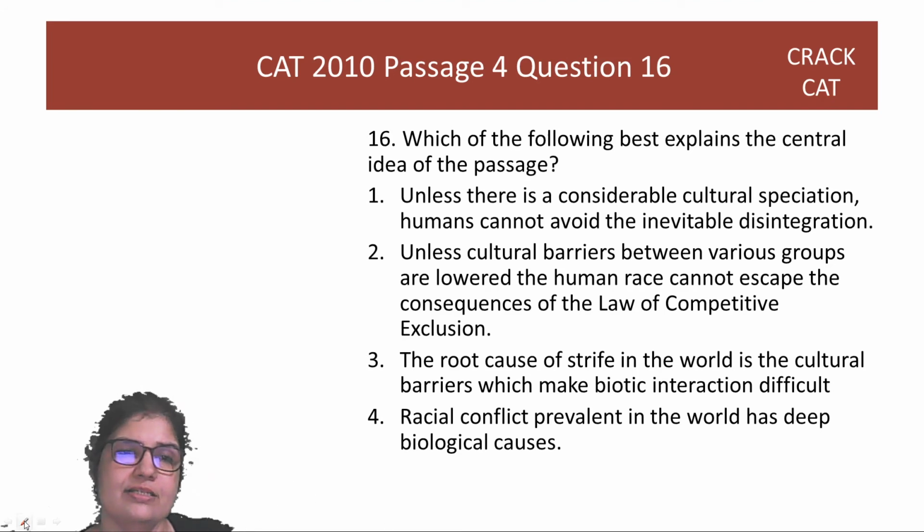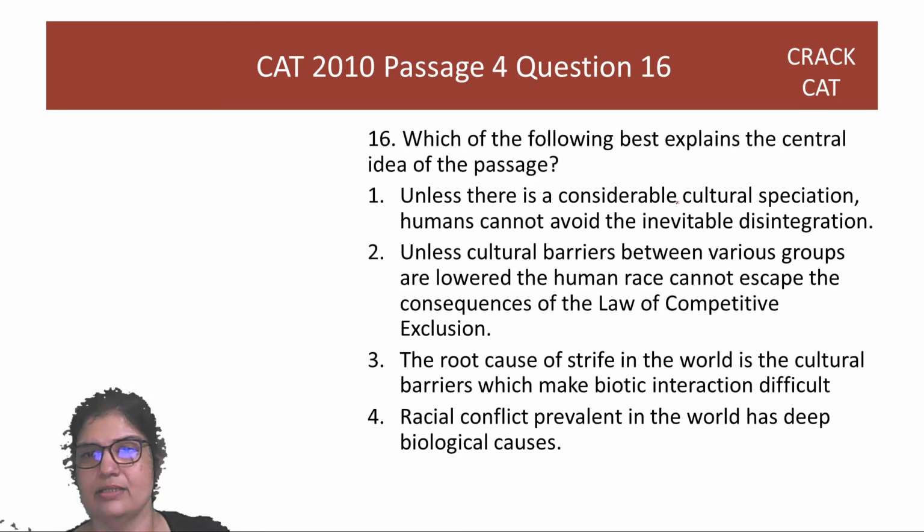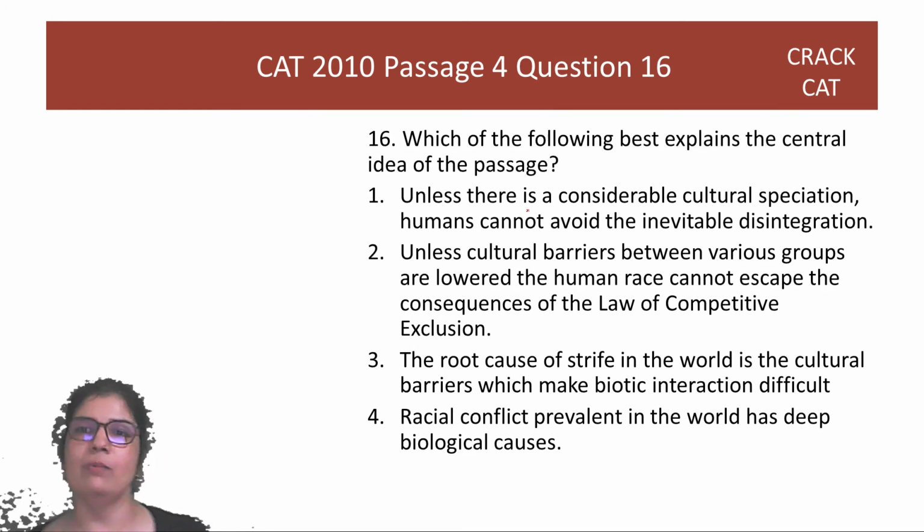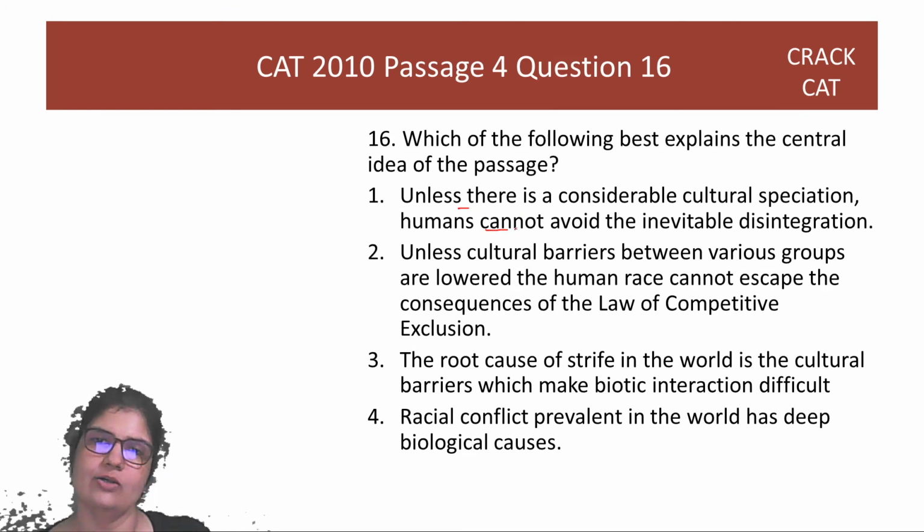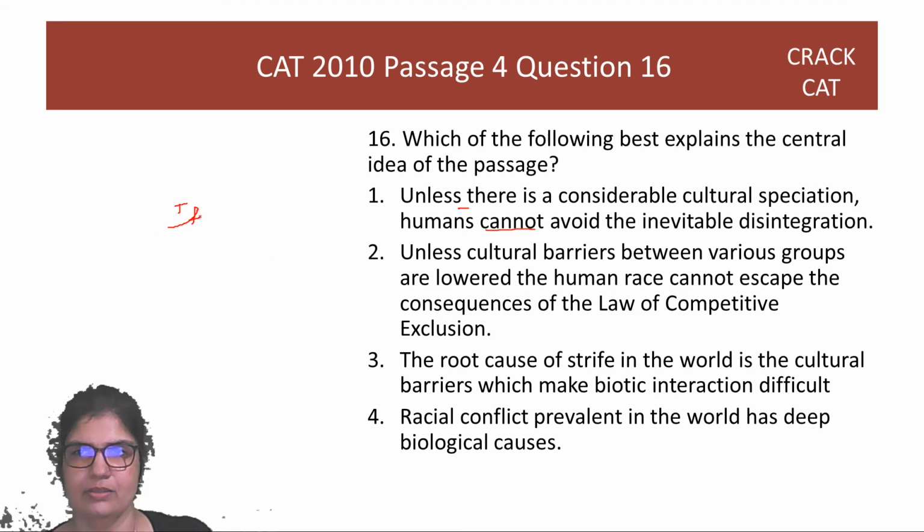Unless there is considerable cultural difference, humans cannot avoid the inevitable disintegration. Now look, first the passage itself was tough, now in the option they put a double negative, unless and cannot. So what this is saying is, if there is considerable difference, humans cannot avoid the inevitable. So humans can avoid disintegration if there is difference.